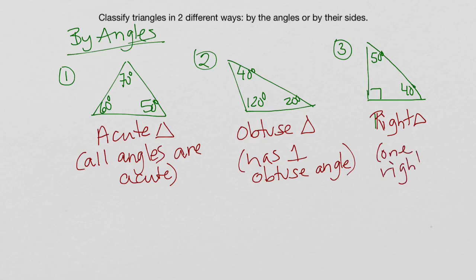And again, it can't have two or more right angles because if it had two right angles, then the sum of two angles would be 180, and you wouldn't have anything left over for that third angle to sum to 180. Okay, so these are the three types of triangles that are classified by their angles. Acute triangle, obtuse triangle, and right triangle.